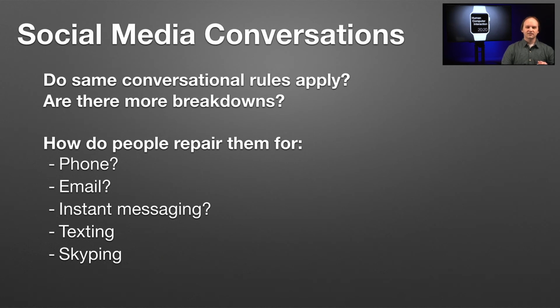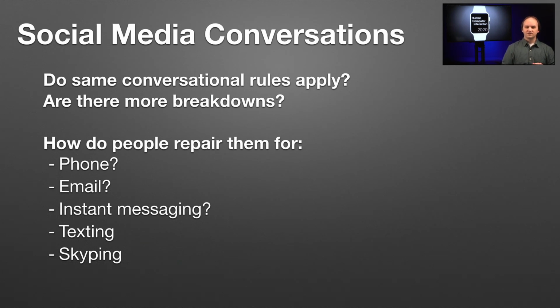And then thinking about using something like Skype or Zoom or WebEx or whatever to have video calls with people, and how does that shape the conversational rules that we have? We can definitely say that when we take away modalities, like the video channel, or the visual channel, people are not able to get those cues.